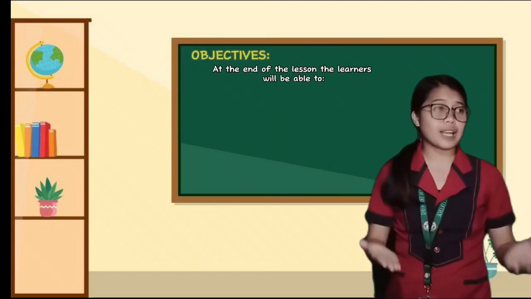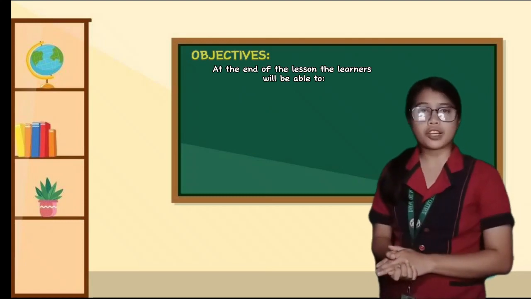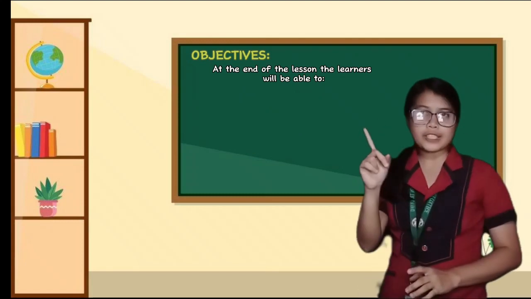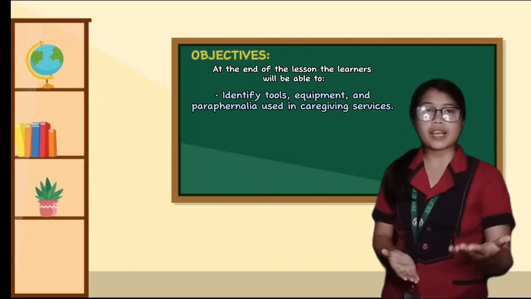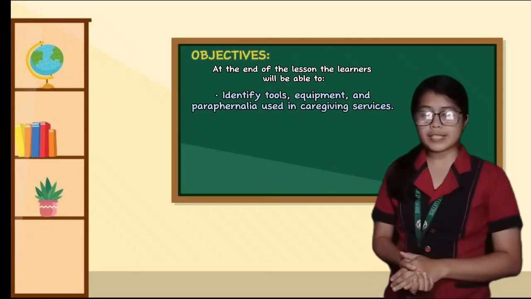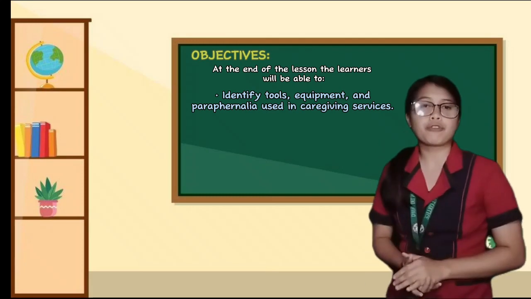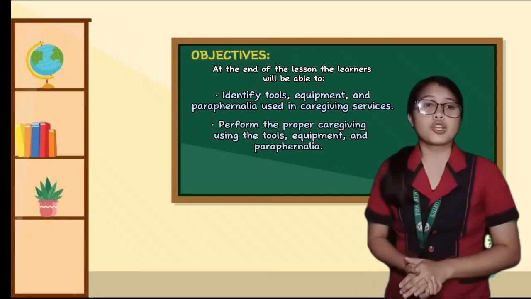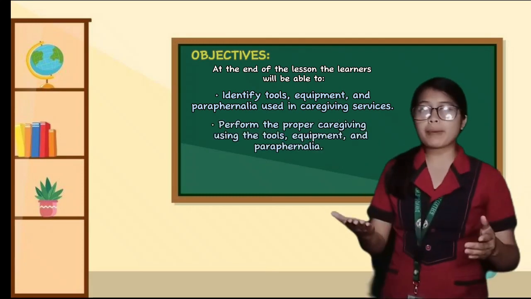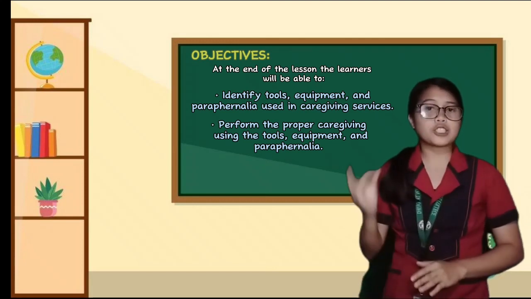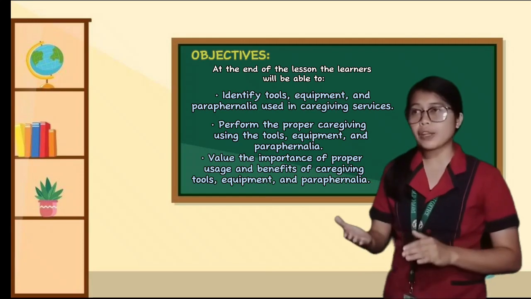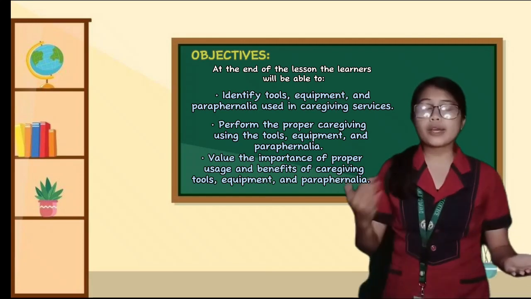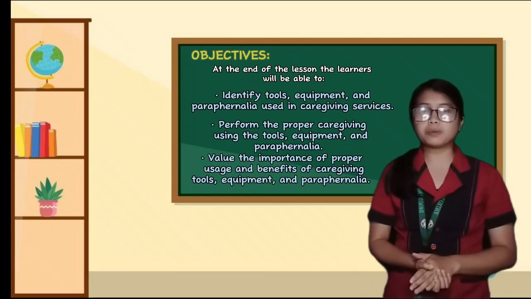At the end of the lesson, the learners will be able to, first, identify tools, equipment, and paraphernalia used in caregiving services. Second, perform proper caregiving using tools, equipment, and paraphernalia. And third, value the importance of proper usage and benefits of caregiving tools, equipment, and paraphernalia.